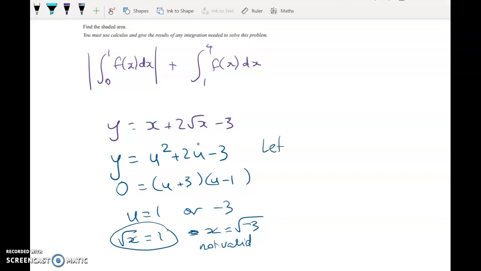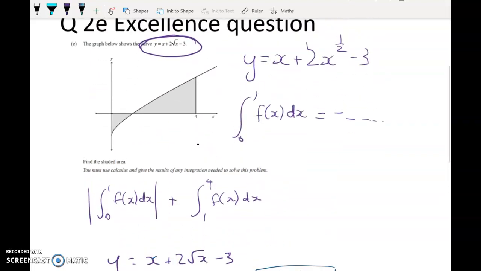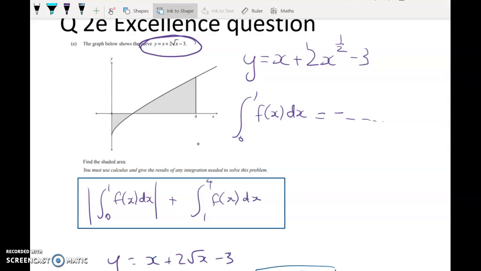So up here we were saying let root x equal u. And in some ways that's the trickiest bit of this question, if you are confident with this idea that you've got to split up areas into bits above and below the curve. If you forget about that and just do this integral, you're going to come out with a number that's too low because it's going to end up with a whole lot of negative stuff there.